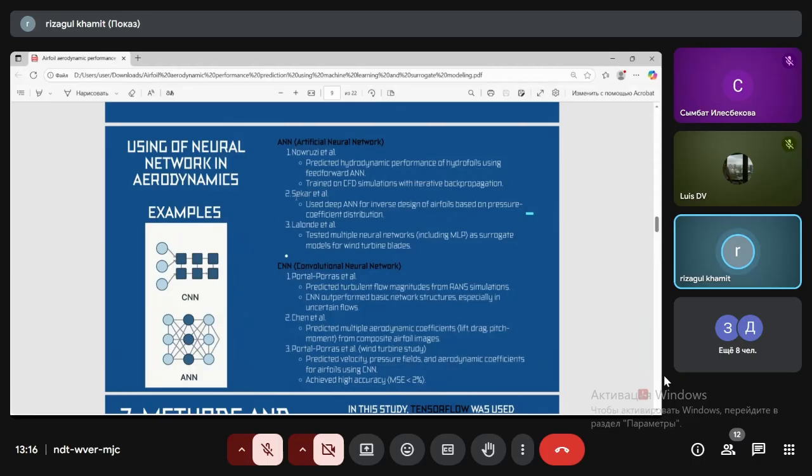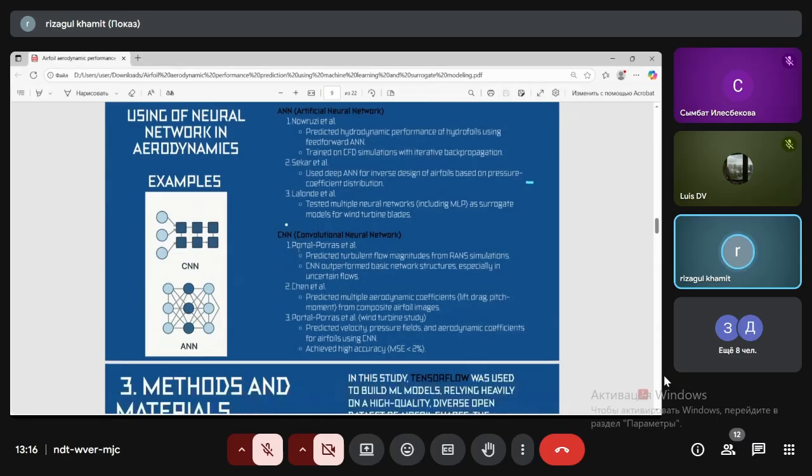In the research of Sirkar, another scientist, he used ANN for inverse design of airfoils based on pressure coefficient distribution. CNN was used in the research of portal pores.